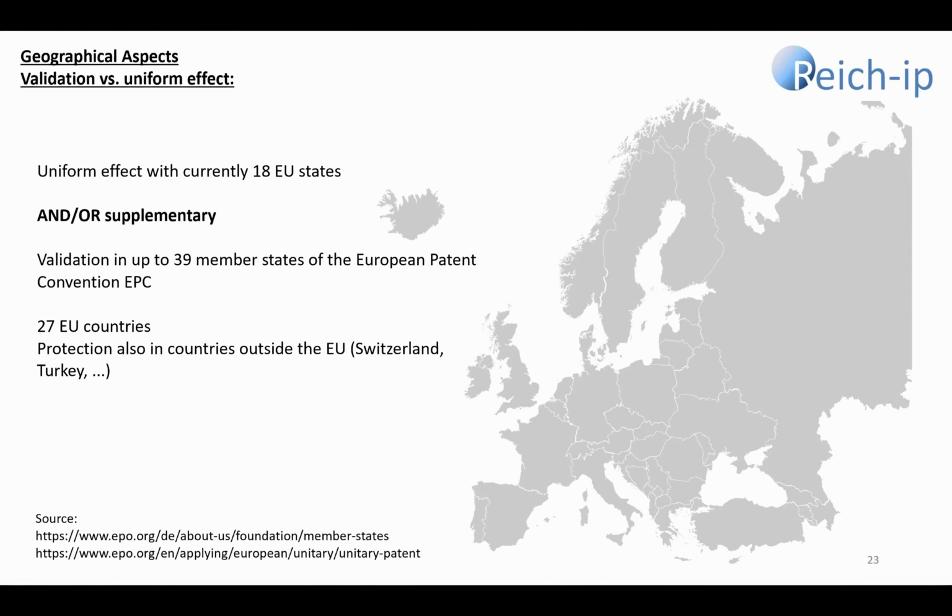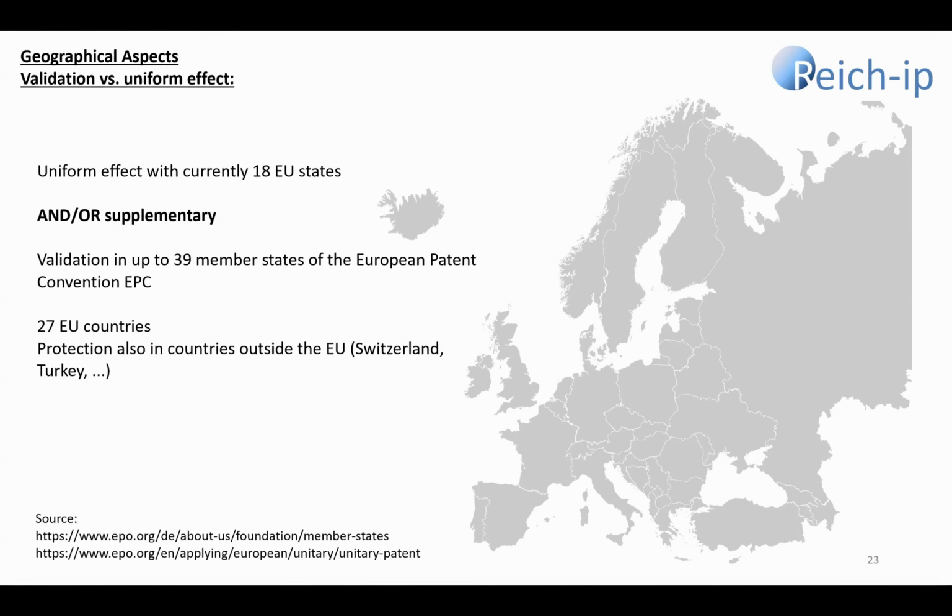So just to summarize, you can have a uniform effect, meaning you have 18 member states with a uniform protection, meaning if the patent is challenged, the whole patent falls for any country among those 18 EU states. Or you can have up to 39 countries with independent patent protection, meaning if a patent is challenged and invalidated, it merely fails in this specific country.